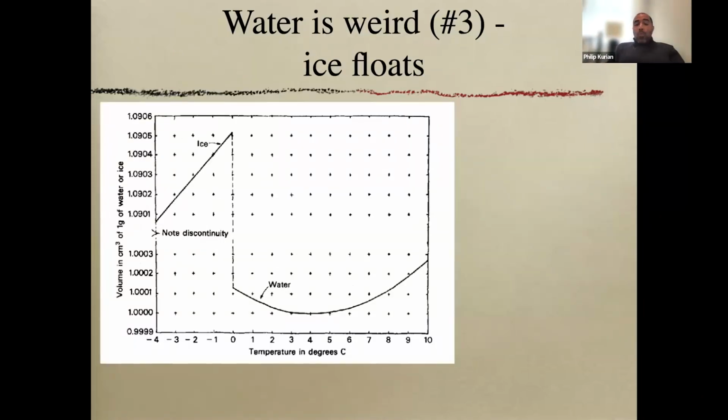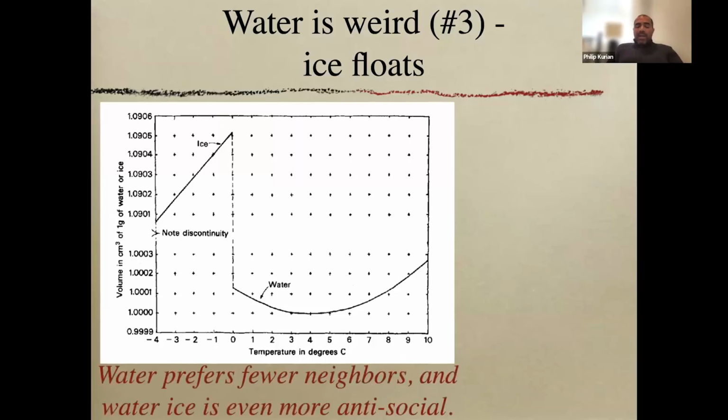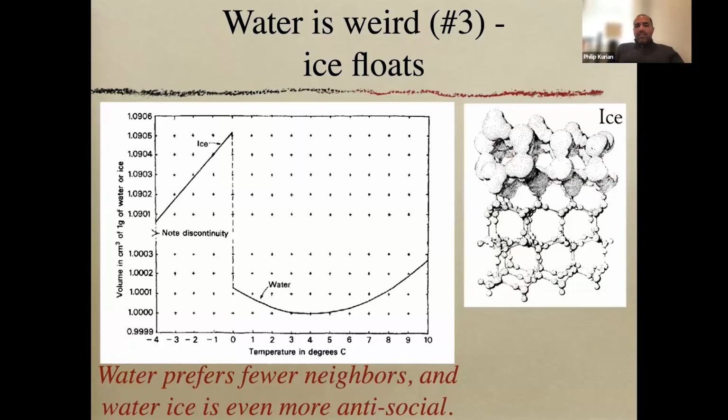A third point of why water is weird: the fact that its ice form, the most common form that we see on Earth, floats because its density is less than that of water. So this is partly because liquid water prefers fewer molecular neighbors, and water ice is even more antisocial. There are even fewer neighbors because of the hydrogen bonding that we'll discuss. If you want a visual picture of this on the right, ice here is shown in the upper part of the right figure with its van der Waals radii, and below it's just balls and sticks.